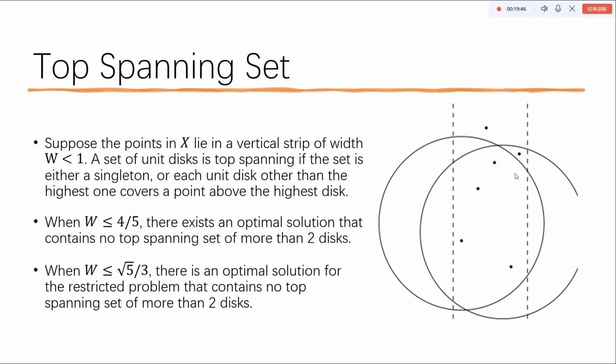We say a set of unit disks is top spanning if, except for the highest disk, each other unit disk covers points above the highest disk. That means in such a set, a unit disk is either the highest or it covers a point above the highest disk.